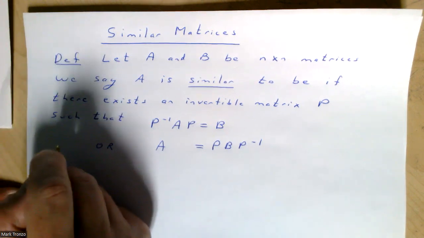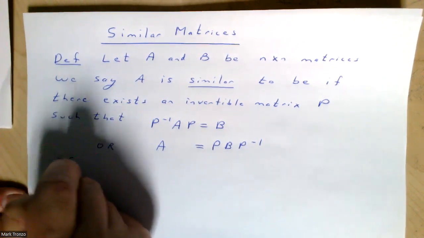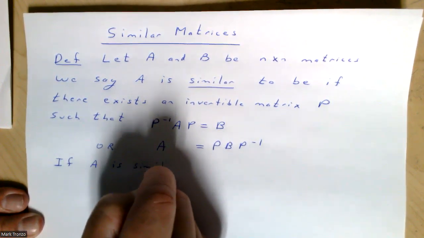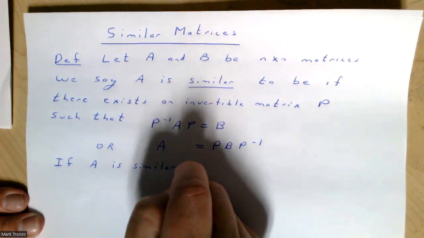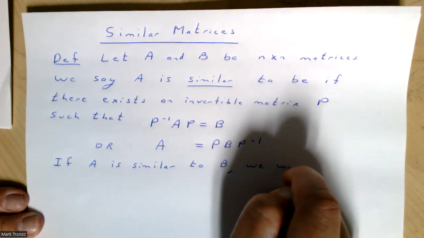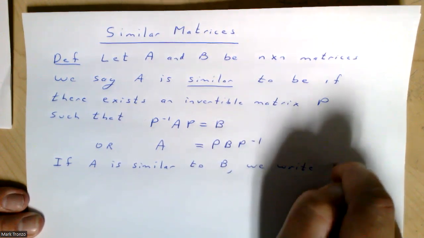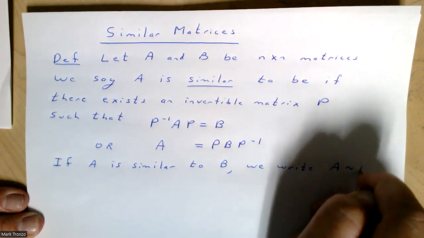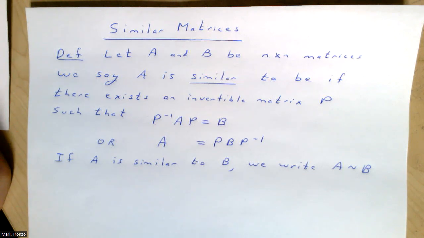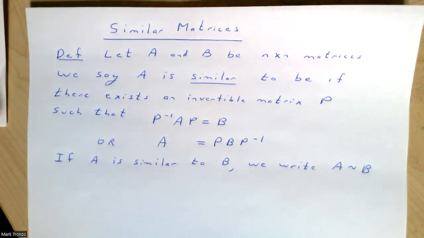And then if A is similar to B, and this probably varies from textbook to textbook, we write A ~ B like that. Thus, there are many properties of similar matrices.